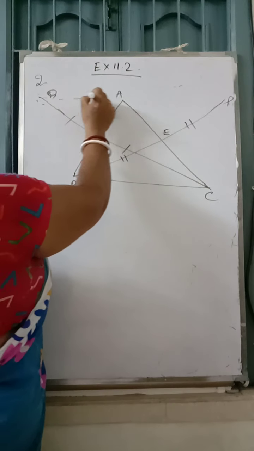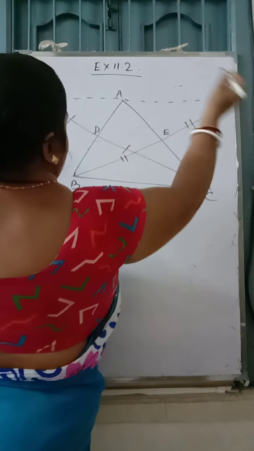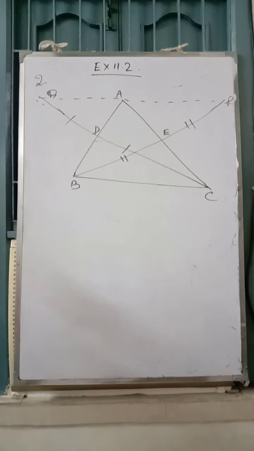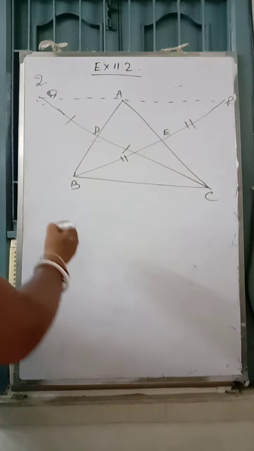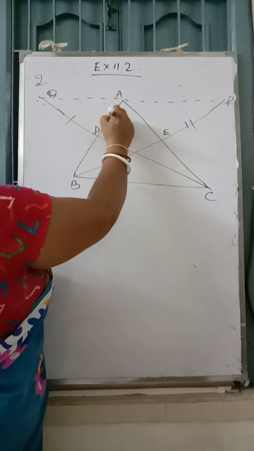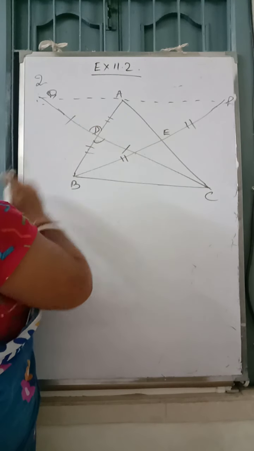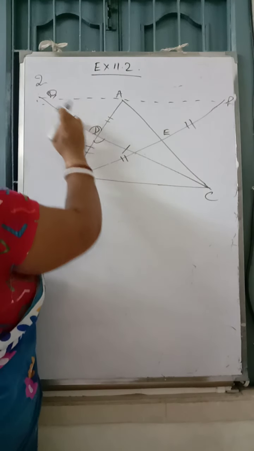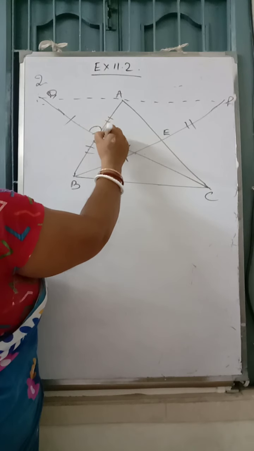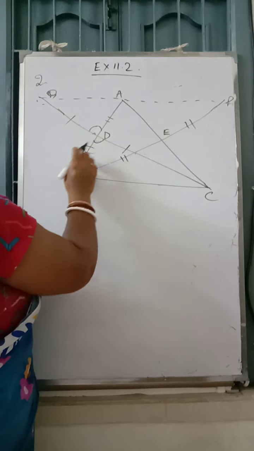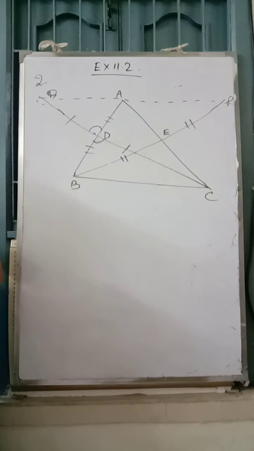You have to prove Q, A, P are collinear. So if you prove AQP is on a straight line, again the same thing: if it is a median, this side is equal to this side, this is already given equal, and this angle would be equal to this angle. So we get triangle QDA congruent to triangle BDC.